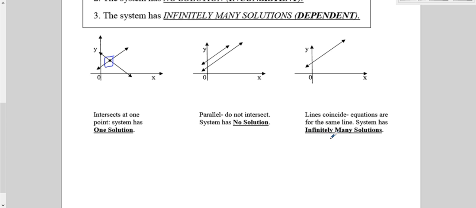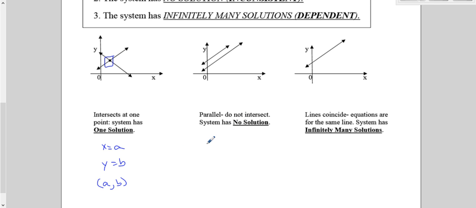When we have one solution, once we go through this work to solve the system, we will find an x equals a number and a y equals a number, and we'll come up with an ordered pair such as (a, b), where a and b are real numbers.